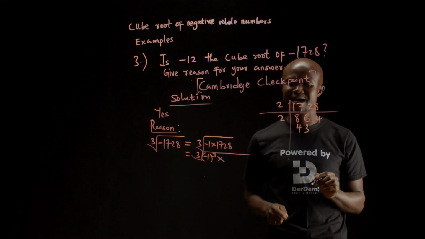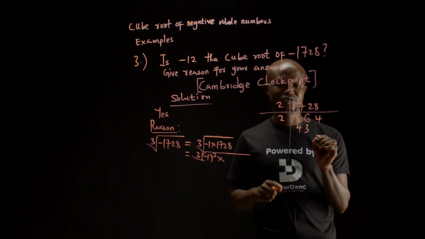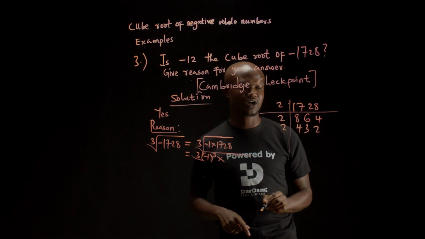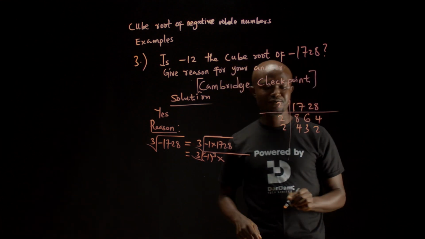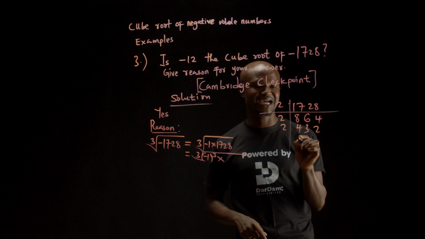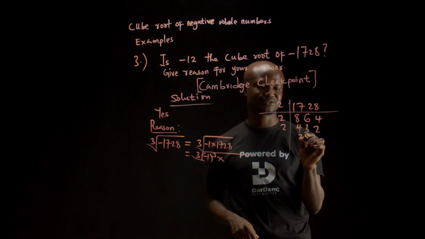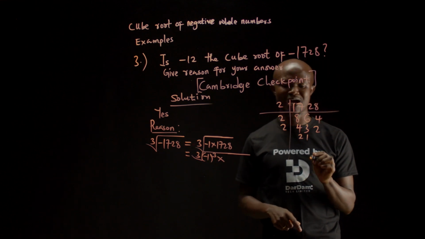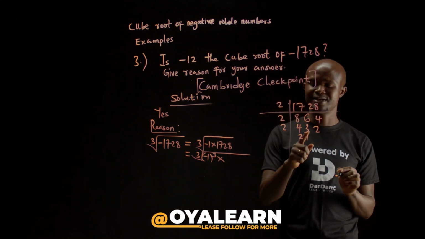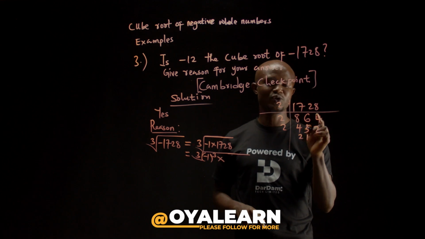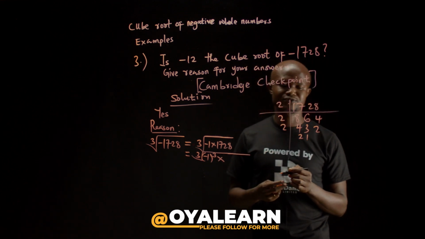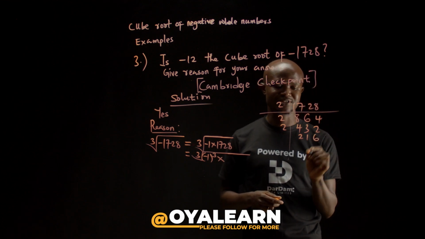Then 4 divided by 2, I will have 2. Now, dividing by 2 also. 43 divided by 2, what will I have? I will have 21, remainder 1. Now, because I'll put the 1 in front of 2, I will have 12. 12 divided by 2, I will have 6.